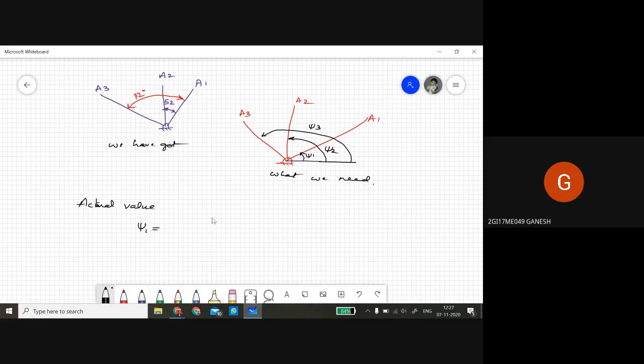So psi1 we need to assume. Exactly. Psi1 is nothing but our initial position, which can be anything. So you can assume any value of psi1. Let me assume this as 40 degrees. So this is based on assumption.